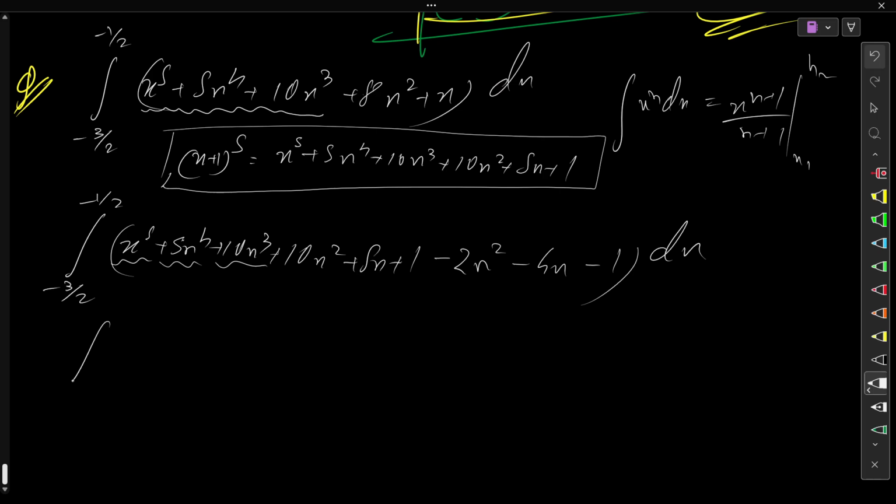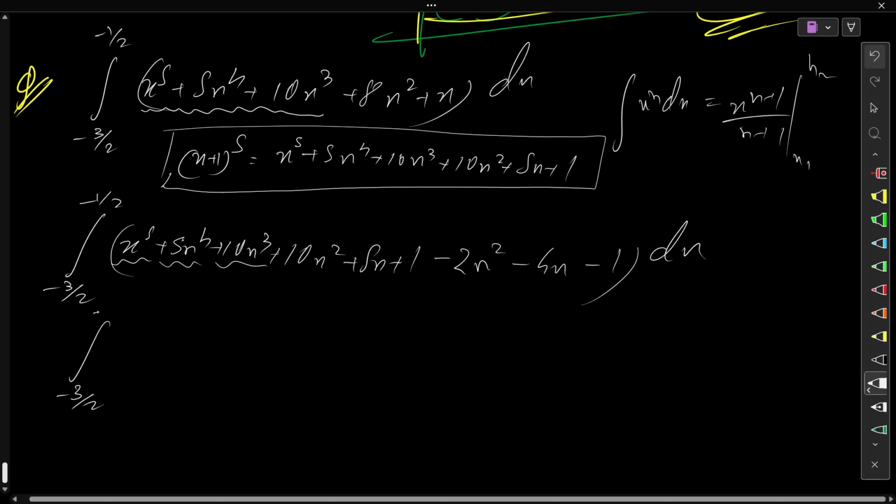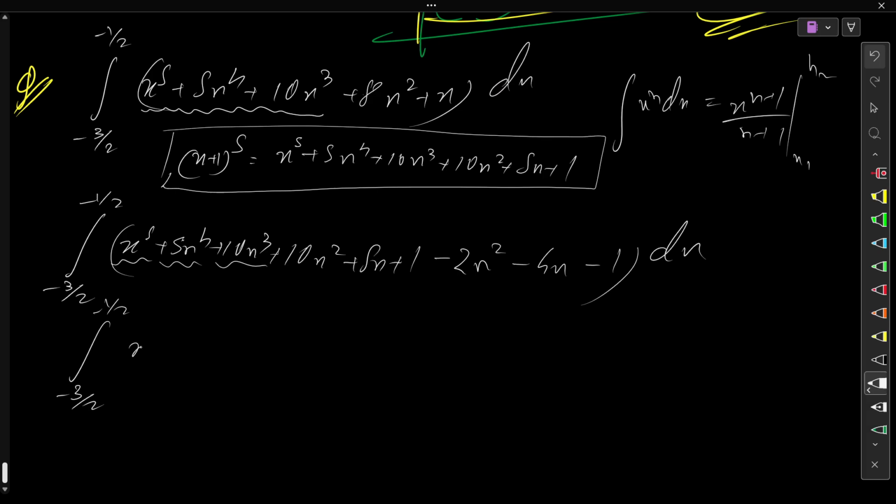So this could be written as minus 3 by 2 to minus half, (x plus 1) whole to the power of 5, minus 2x square.